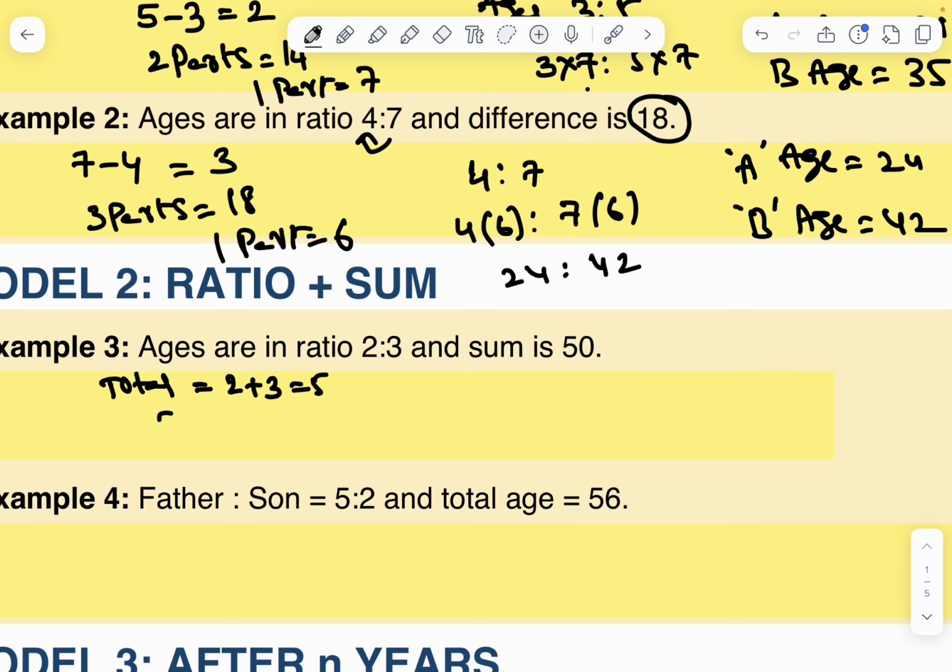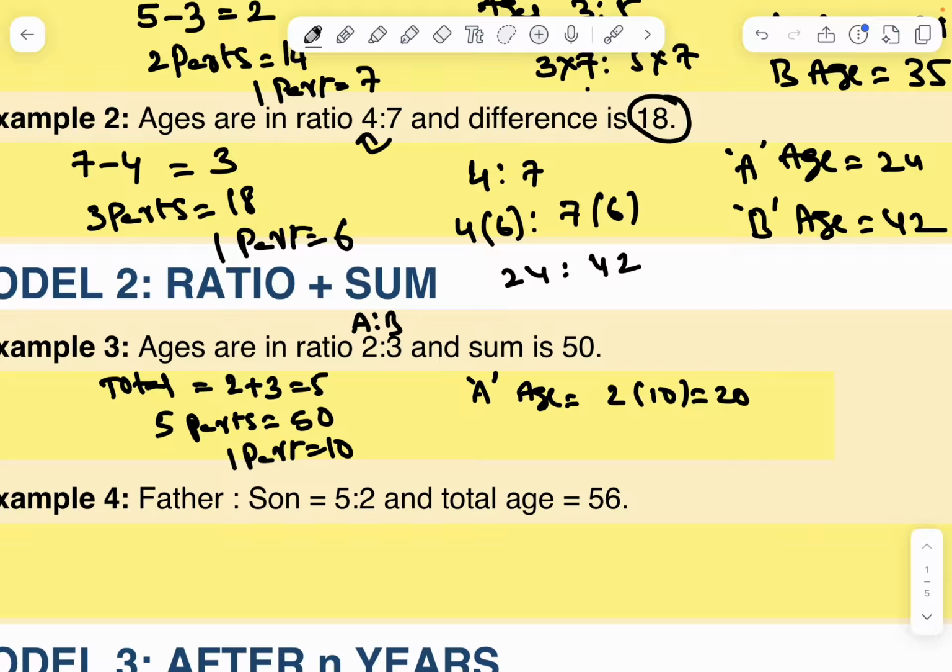Here 5 parts, total is equal to 50. Therefore, 1 part is equal to 10. Therefore, A is 2 into 10, 20. B is 3 into 10, 30. This is the answer.